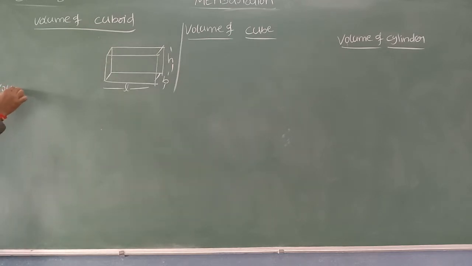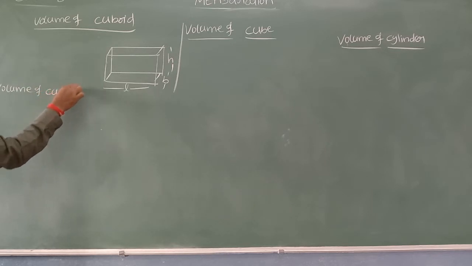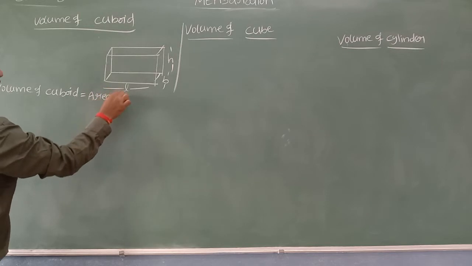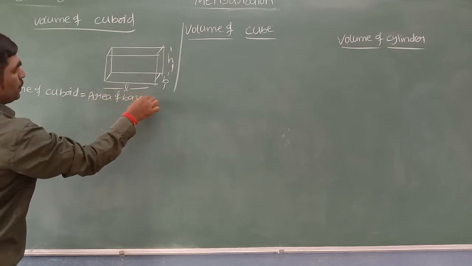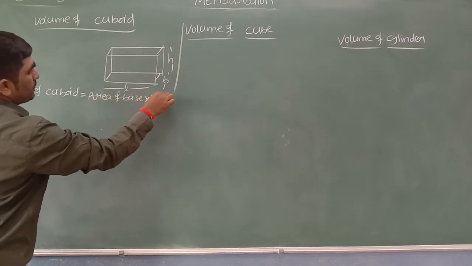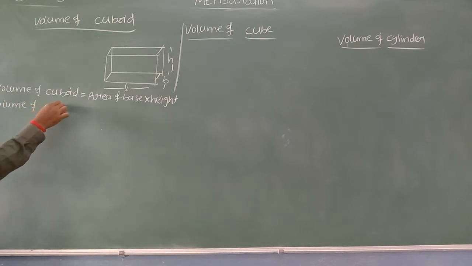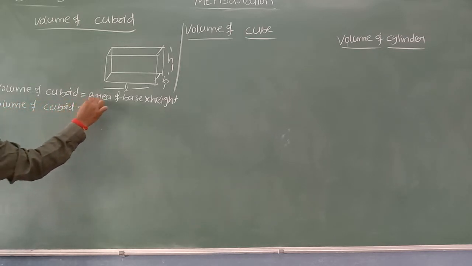To find the volume of a cuboid, I said the formula is area of the base into its height. Area of the base into height gives us the volume of a prism. So now, volume of cuboid is equal to, what is the area of the base?